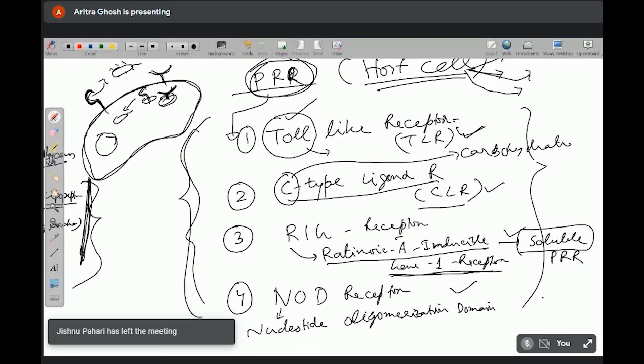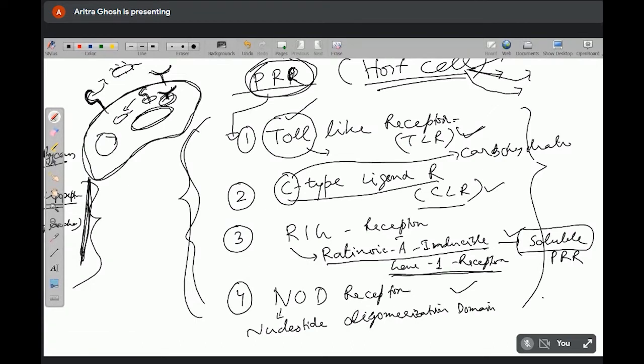So at any cost, till now you know that the receptors are present in the host cell membrane and also in the cytosol.